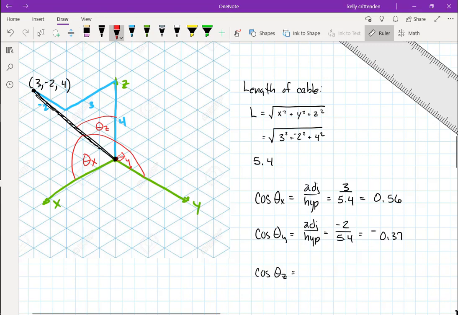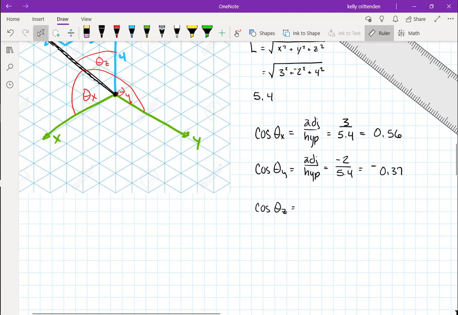So we tend to make them less cluttery, but that means you have to do more interpreting on where all these dimensions are talking about. So again, the definition of a cosine is the adjacent side over the hypotenuse. For z, the adjacent side was 4. The hypotenuse was 5.4, the length of the cable. And then I get another number, 4 divided by 5.4, 0.74.